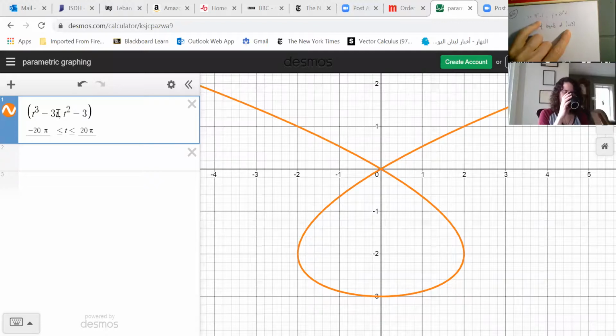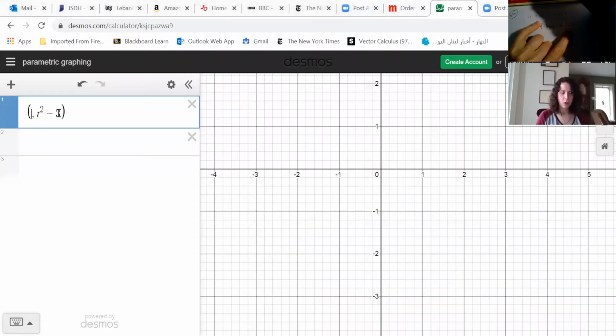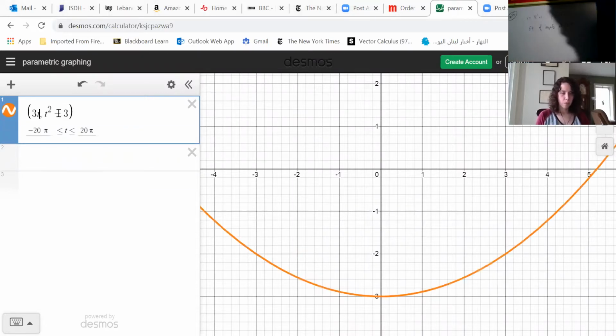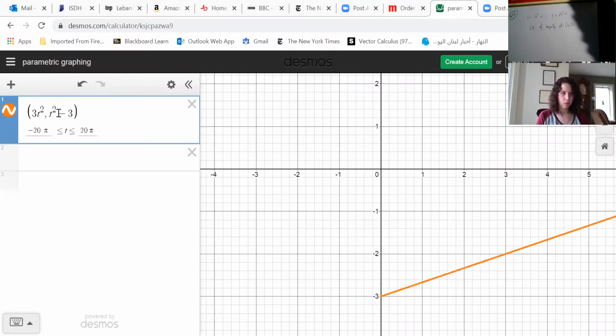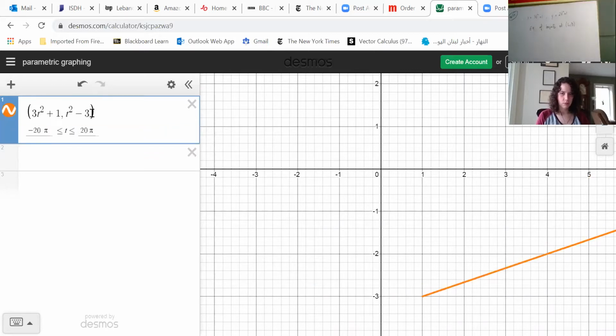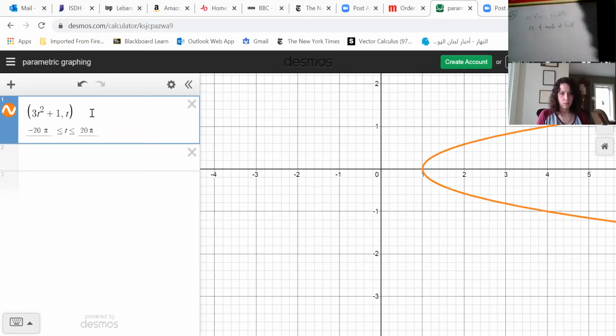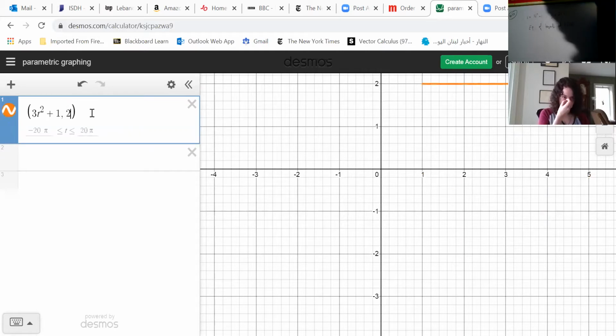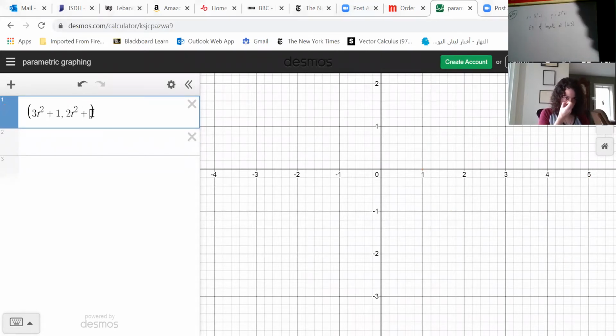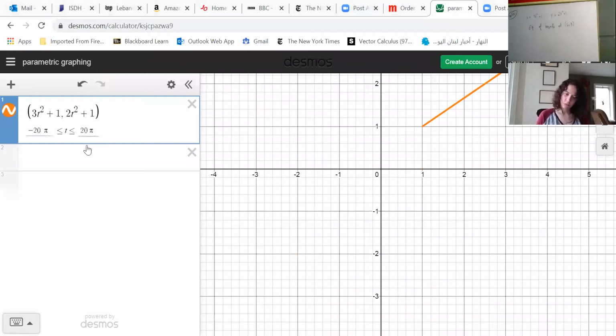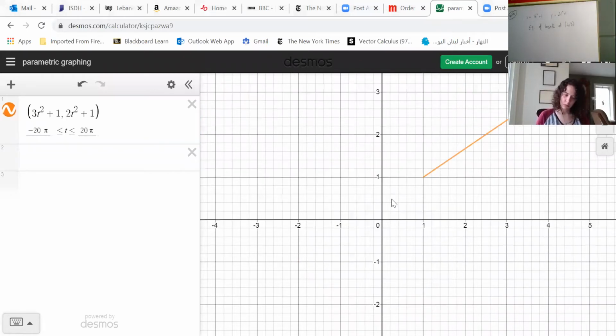I will enter the function, which is 3t squared plus 1. That's the first one. And the second one is 2t squared plus 1. Okay, the graph is a little bit like this.